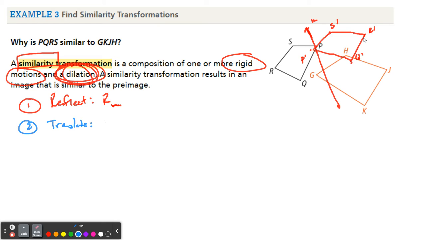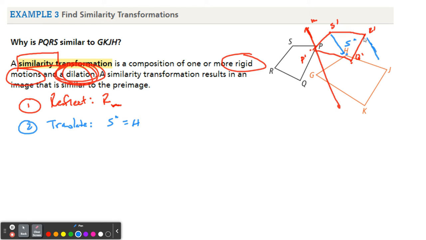So if we do a translation here, I want S double prime to be the same as H. So that means I'm going to translate this way all of my corresponding vertices. So that one goes there.